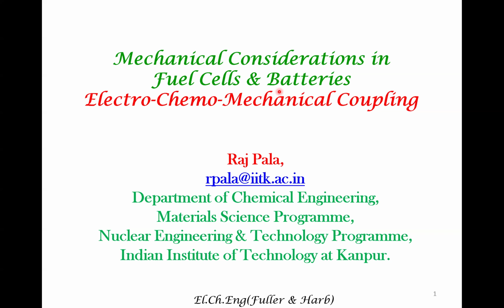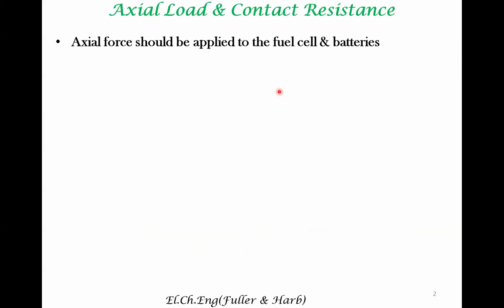In the next few years, a lot of important issues will be dealt with, especially in the context of solid state batteries. Often, an axial load is applied in the context of fuel cells and batteries.